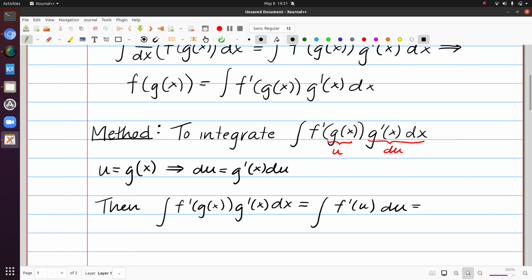So we know we're going to get out just f of u, and of course if it's an indefinite integral, we would put a plus c. Something very important here is that the original integral was expressed in terms of variable x, so you want to end up with your answer written in terms of x as well. We know that u is g of x, so my answer is f of g of x plus c.